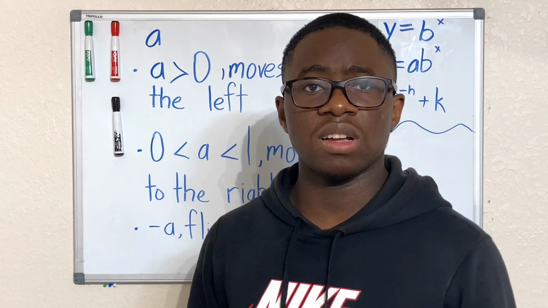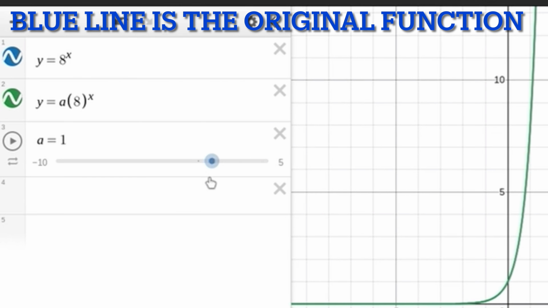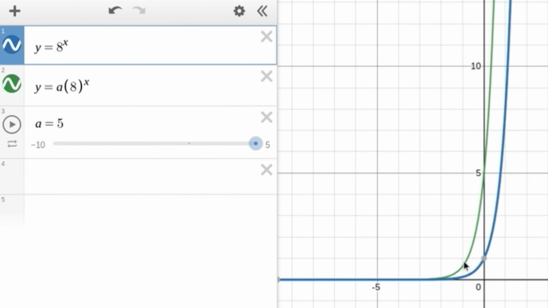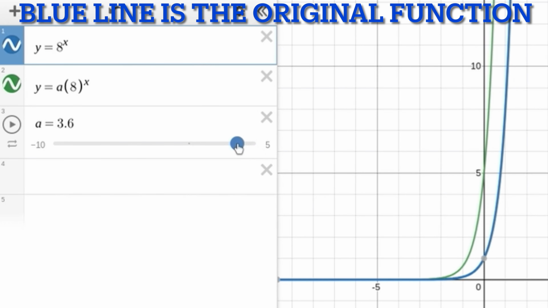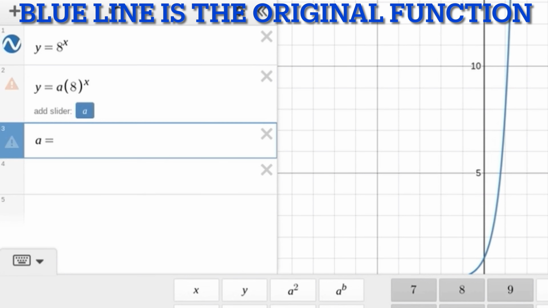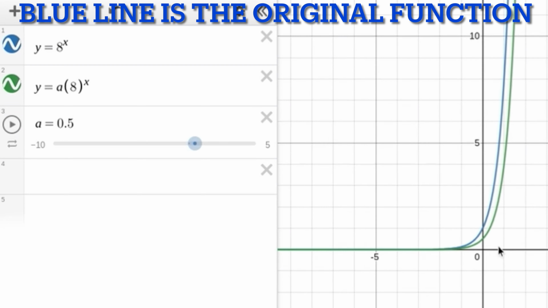All right, guys, next on our list of variables, we have a. So here, if a is greater than 1, it's going to move the exponential function to the left. You can see this because the inflection point will always move with the exponential function. Now, if a is greater than 0 but less than 1, it moves to the right. So it's going to move the exponential function, or the inflection point, to the right.